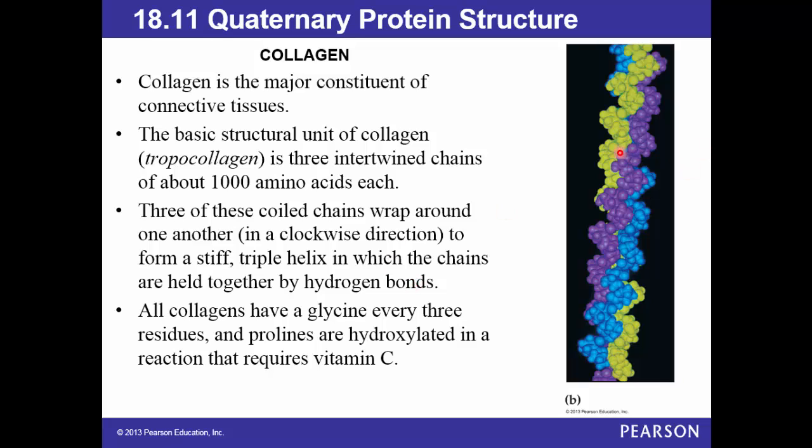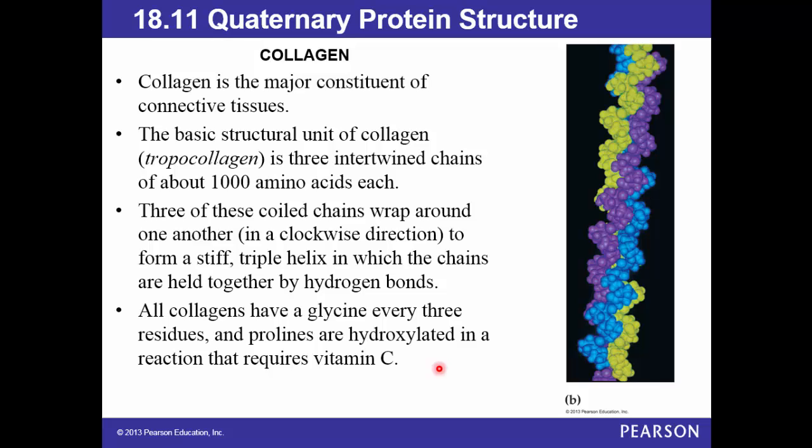Then in collagen, it's stabilized by hydrogen bonds. All collagens have a glycine every 3 residues, and prolines are hydroxylated in a reaction that requires vitamin C. So every 3rd amino acid residue in collagen is a glycine. So glycine constitutes up to 33% of the amino acids in collagen.